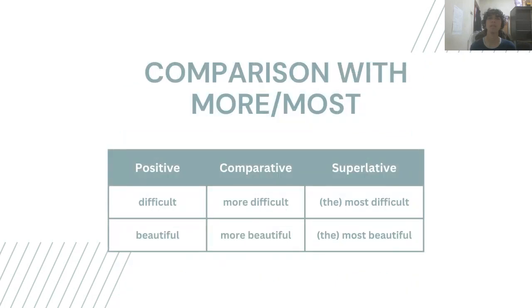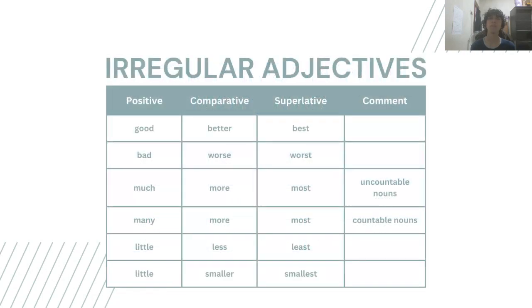Another one is a comparison with more and most, where they add more or most before the adjectives. For example, difficult, more difficult, most difficult, beautiful, more beautiful, most beautiful. And then there are also irregular adjectives.